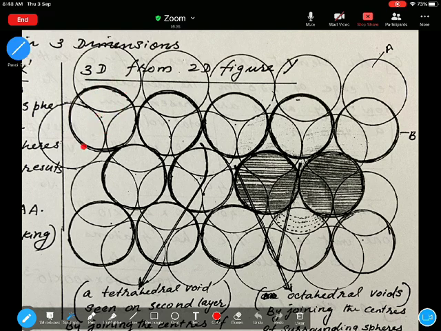So this ball is kept on the triangular void pointing downwards. Again, this ball is kept on the triangular void pointing downwards. Here again, this ball is kept on the triangular void pointing downwards. Actually, when you keep this ball, you will not be able to see this gap.